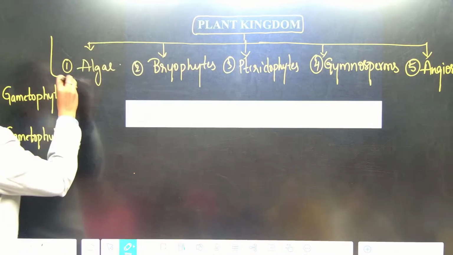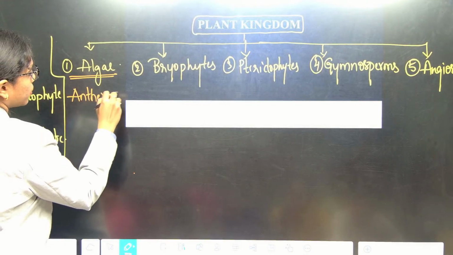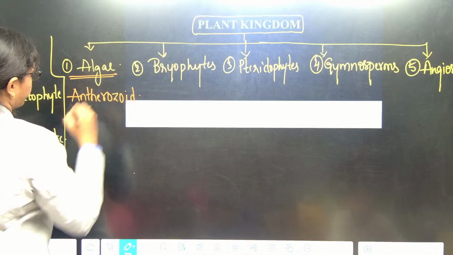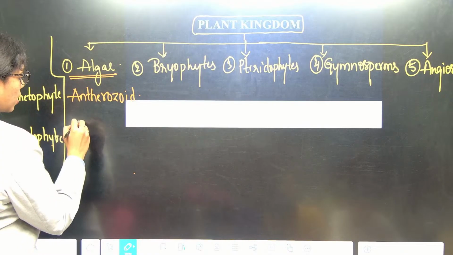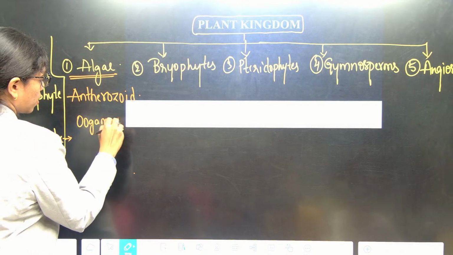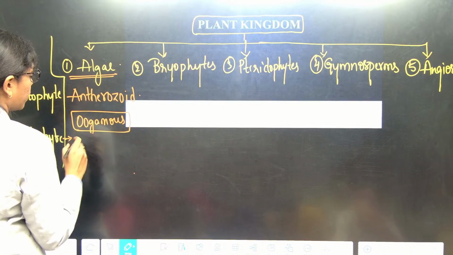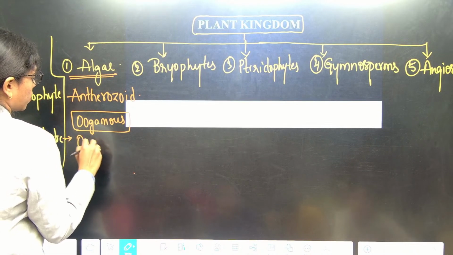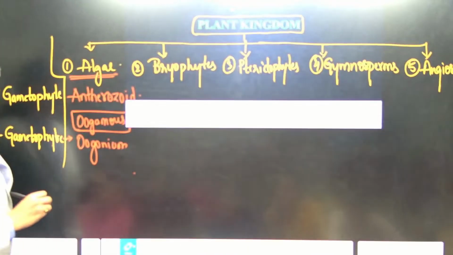So, algae, male gametophyte is antherozoid. Female gametophyte is, if it is oogamous type of reproduction, oogonium is the female gametophyte. This is also addressed as sperm cell.